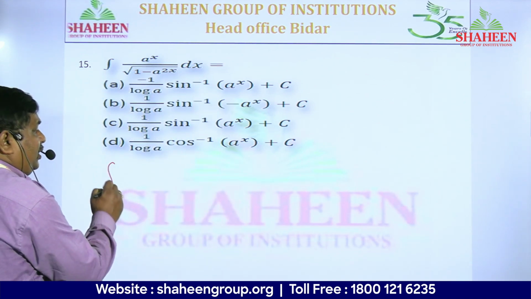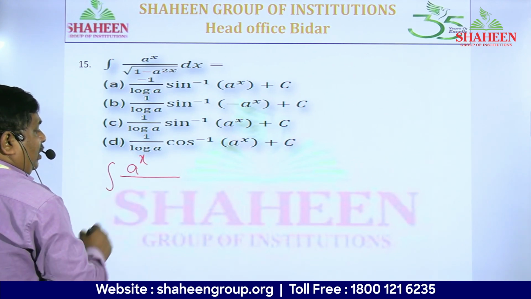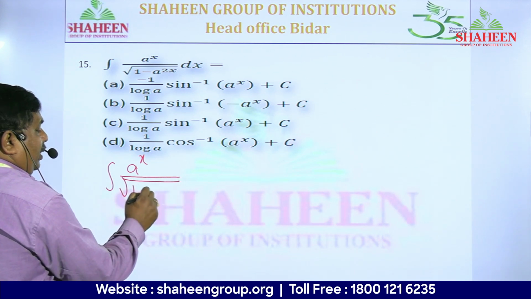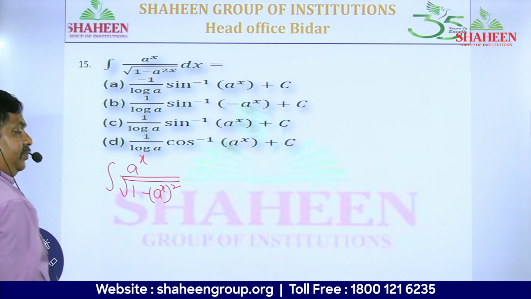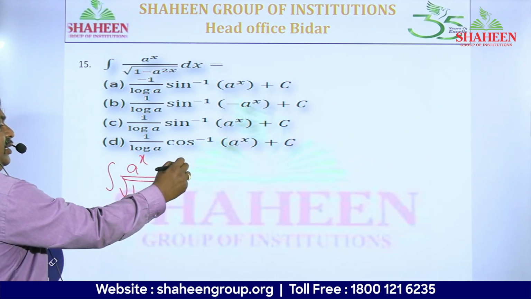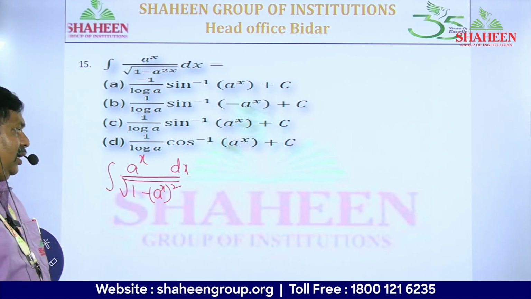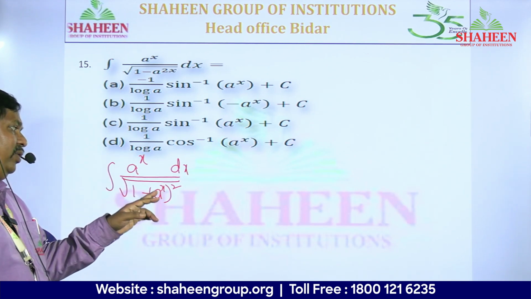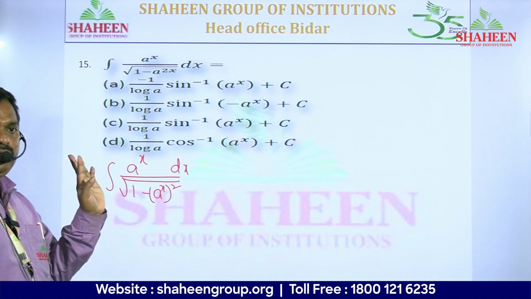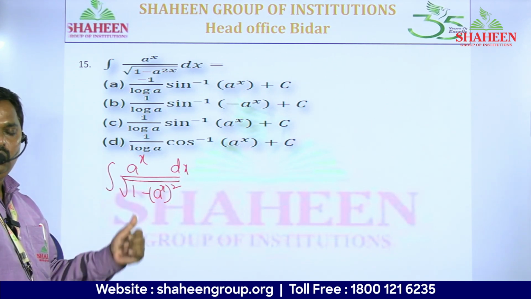So we can write the given question as a power x divided by under root 1 minus a power x whole square into dx. If a power is raised by another power, both powers are multiplied, and again we get 2x only.